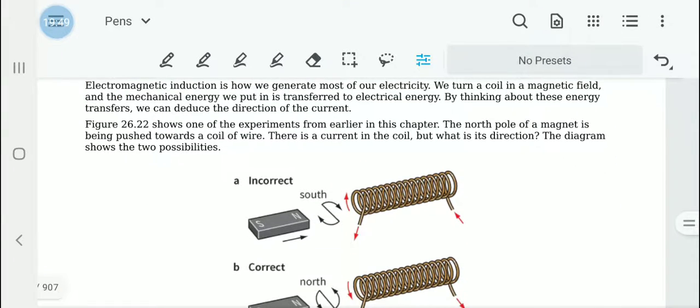Write down. When trying to figure out the direction of the current, we need to understand that the direction of the current will depend on work being done against the effect of the magnetic field.